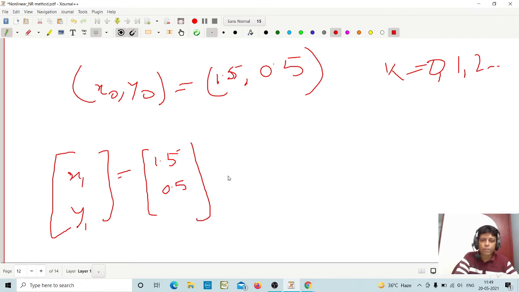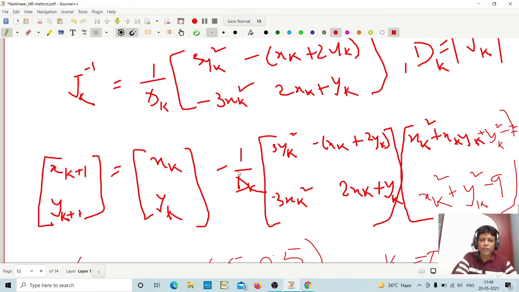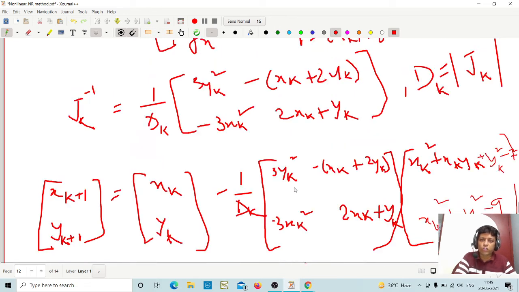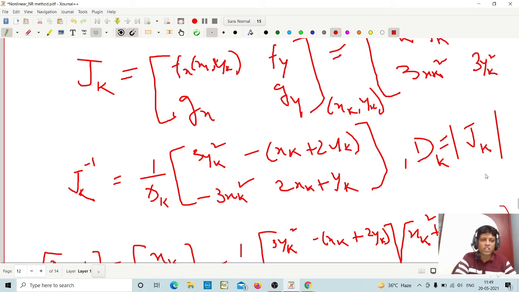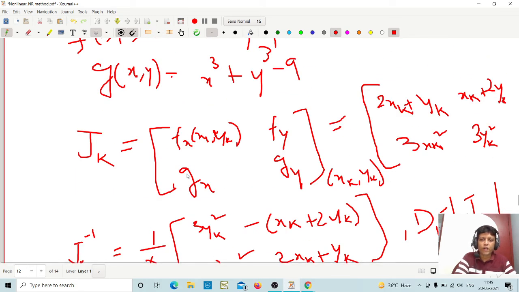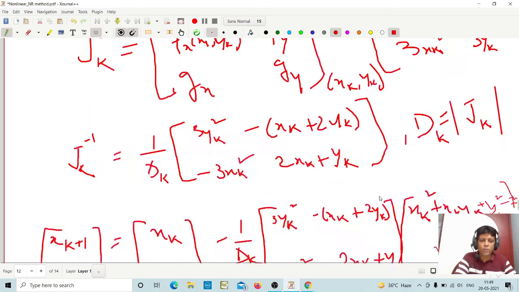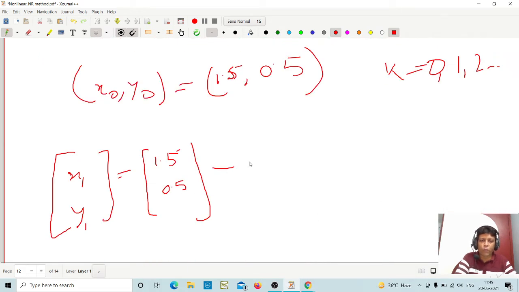Okay, minus, you can calculate dk. Dk is determinant of this. So what is your Jk? Jk is this one. So this is x naught, y naught, 3x naught square, x naught, 2y naught, 3y naught square. So you can substitute the values 1.5, 0.5.